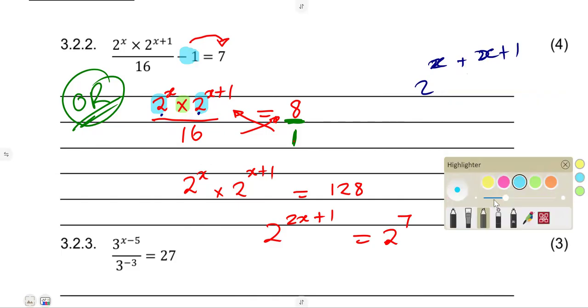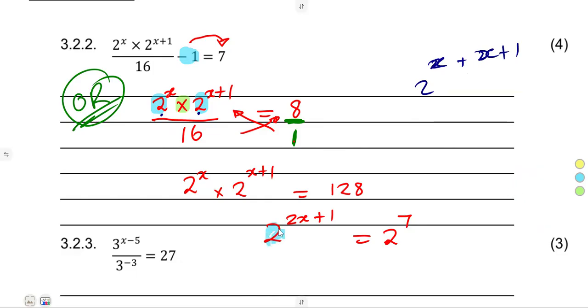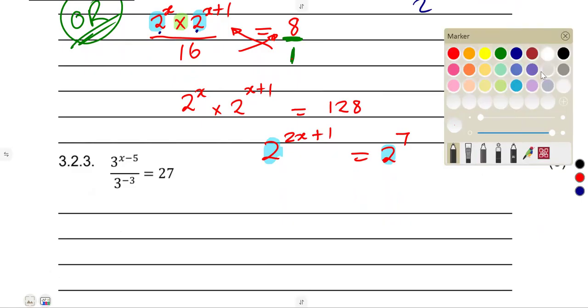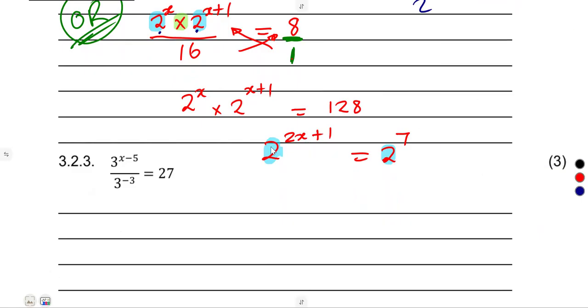Once we see this condition, a single term to a single term, same bases, equate the exponents as well. As we can see, the base of 2 and the base of 2 are the same. So therefore, this must be equal to this. So we've got 2x plus 1 equal to 7.